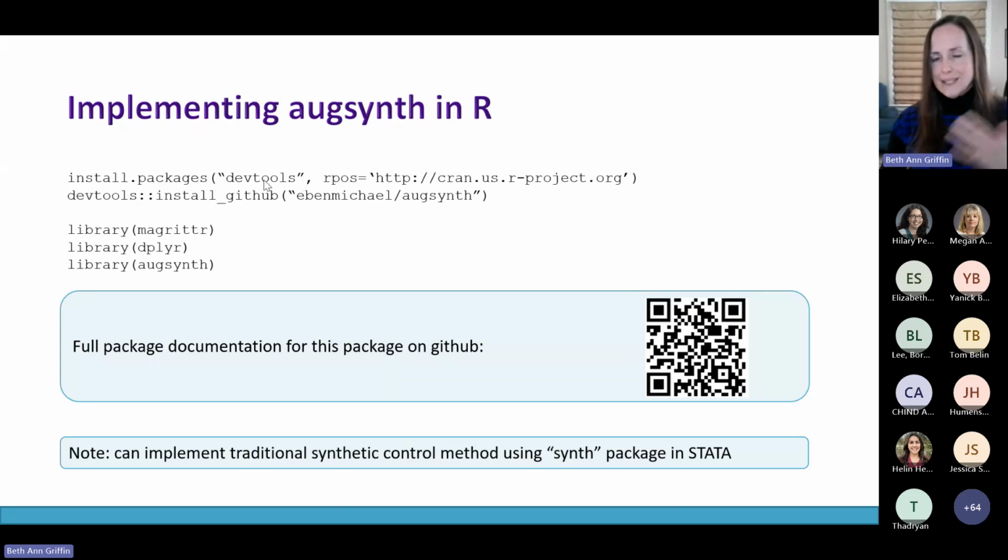You just install.packages devtools and then ask devtools to pull this package. You're going to need a few other libraries to help get this working. And I will say that the authors have a really nice tutorial associated with their package, just like Callaway Sant'Anna. And here at the bottom, for our Stata users, we do want to highlight that you can do traditional synthetic control methods using the synth package in Stata.